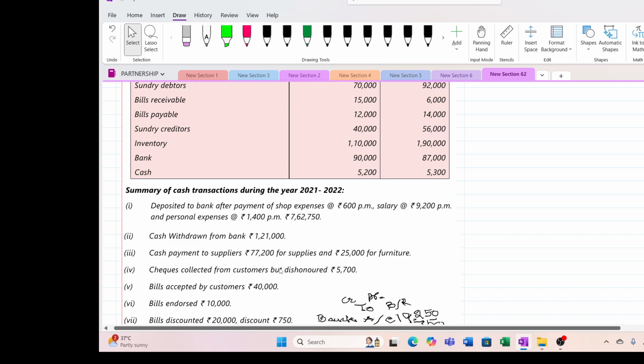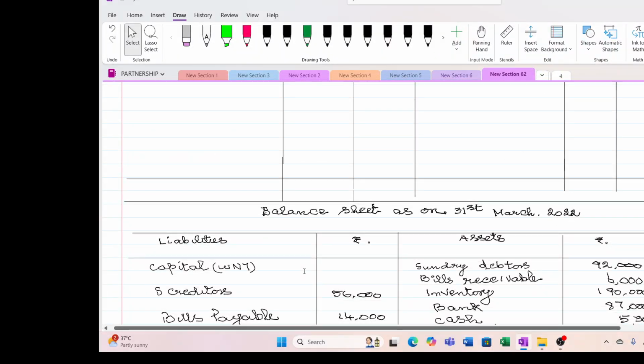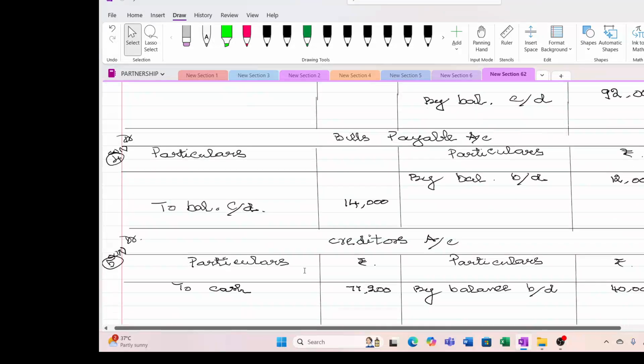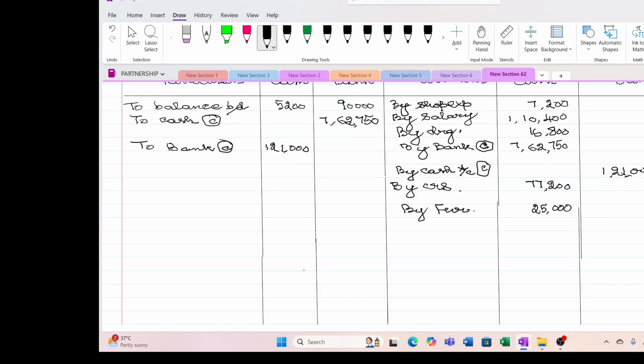Now checks collected from customers but dishonored. Check collected from customers, so the amount has come into the bank account. Okay, so to debtors account 8,700.